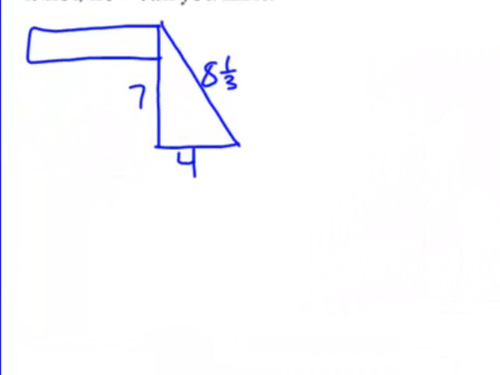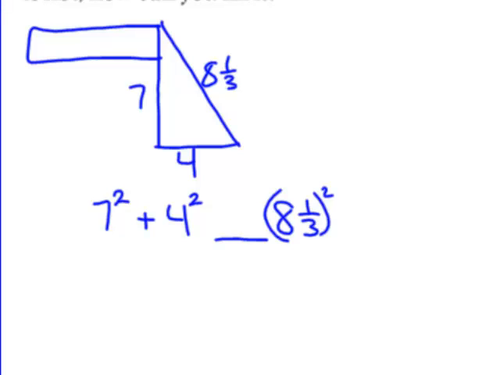Okay, so we want to test if this triangle is a right triangle. So we're going to compare the sides. We want to see if 7 squared plus 4 squared, how it relates to 8 1/3 squared. So 7 squared plus 4 squared is 65. 8 1/3 squared is approximately 69.44.